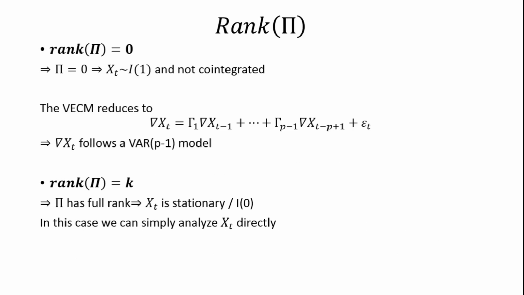So we have many situations. If the rank of matrix Π is 0, it means that xt is integrated of order 1 and not cointegrated. So the vector error correction is reduced to the differential of xt as a function of the differential of the lags of our variables.